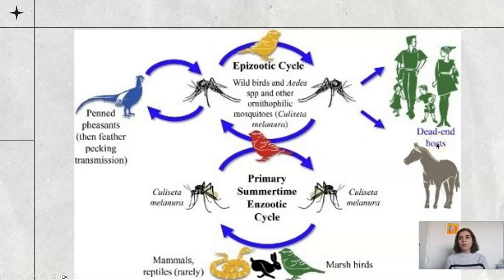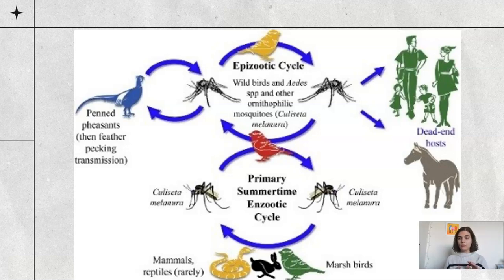I wanted to talk a little bit about the life cycle real quick. So basically what happens is that marsh birds, songbirds specifically, are kind of the natural reservoir for the triple E virus. And it stays inside them, and then they are bitten by a C. melanura mosquito specifically.